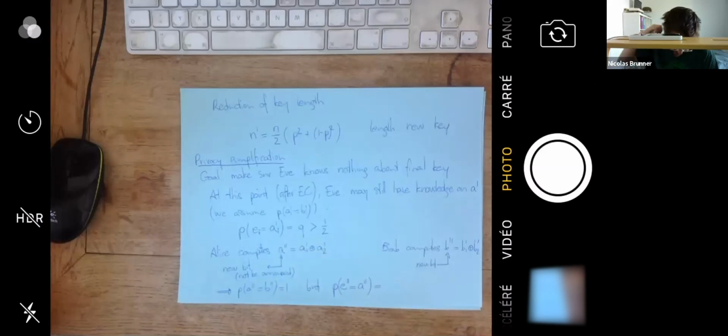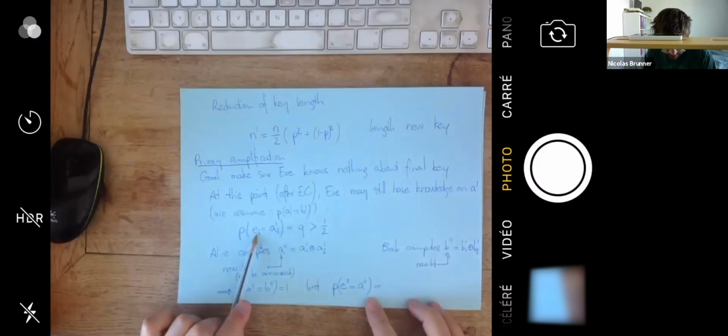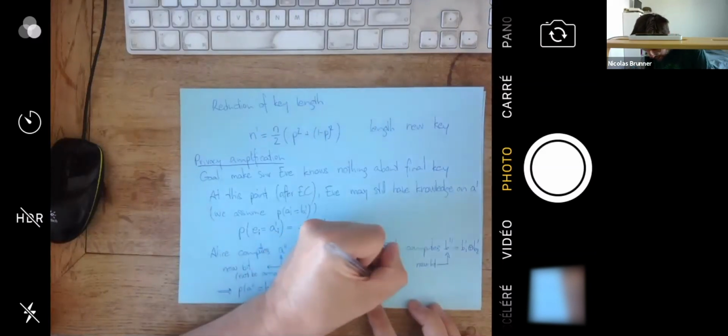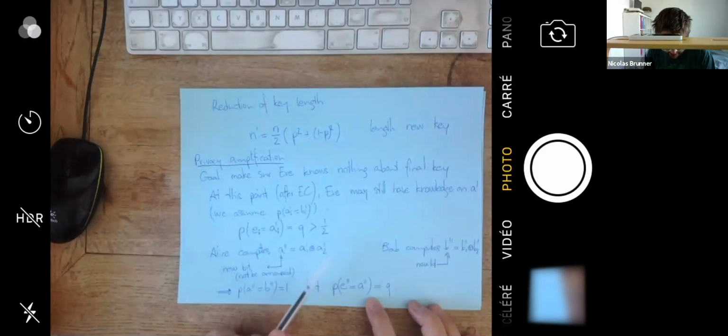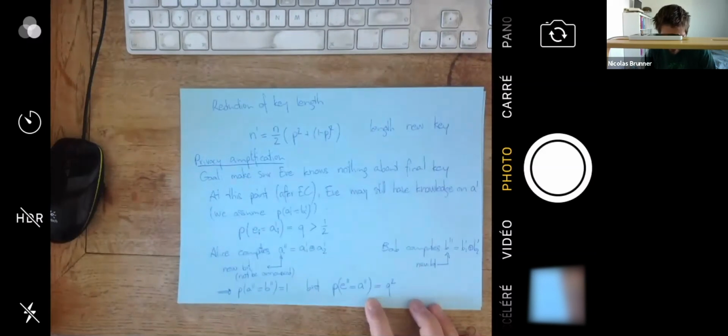Now, very similar to before, there are 2 cases in which E double prime is equal to A double prime. This is when E1 is equal to A1, so that has probability Q, and A2 is equal to E2, and that has also probability Q, so it's Q squared. And then there is another case in which Eve could guess correctly.